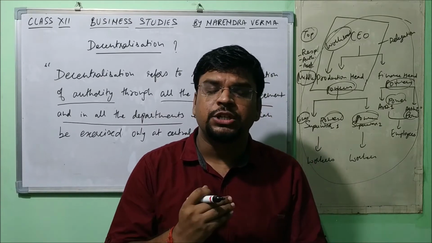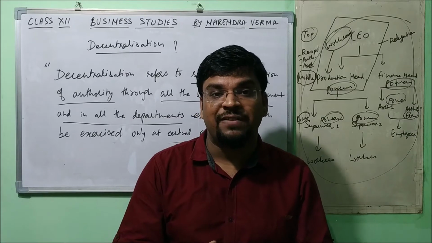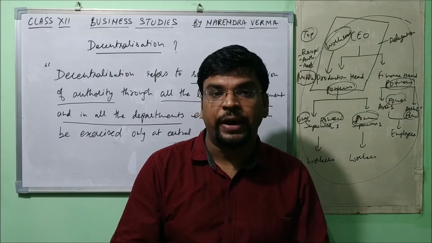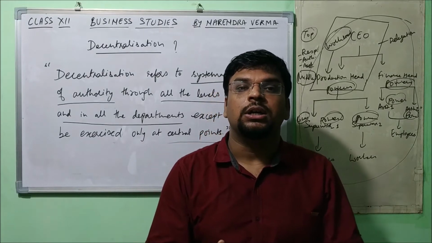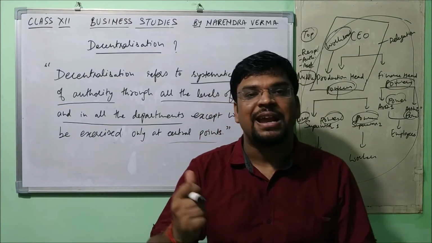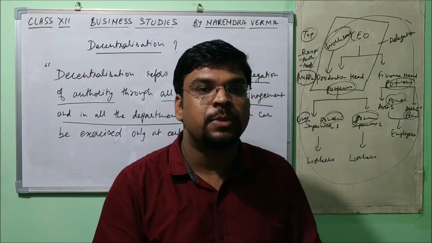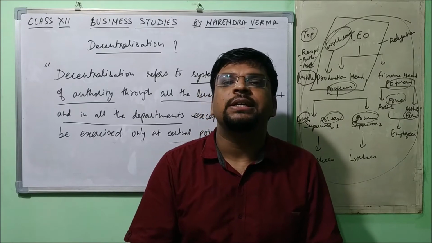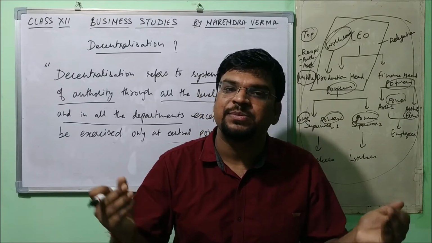So leaving those, which are those decisions? Like decisions related to expansion, diversification, modification, upgradation. All kinds of decisions related to those, the power lies in the hand of top level management, and just to run the normal process, the distribution of power has been done.